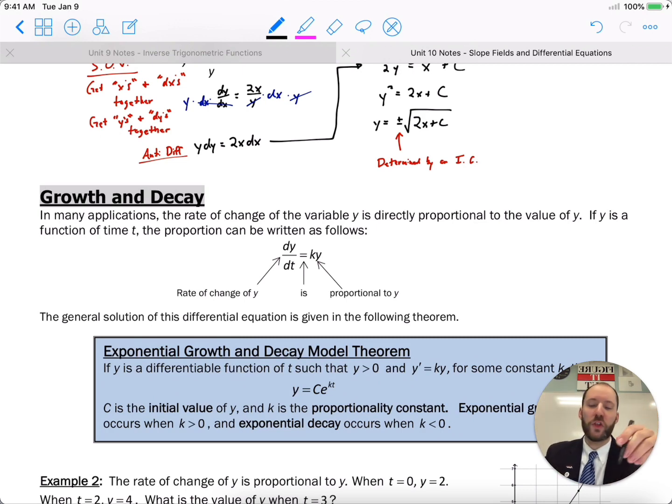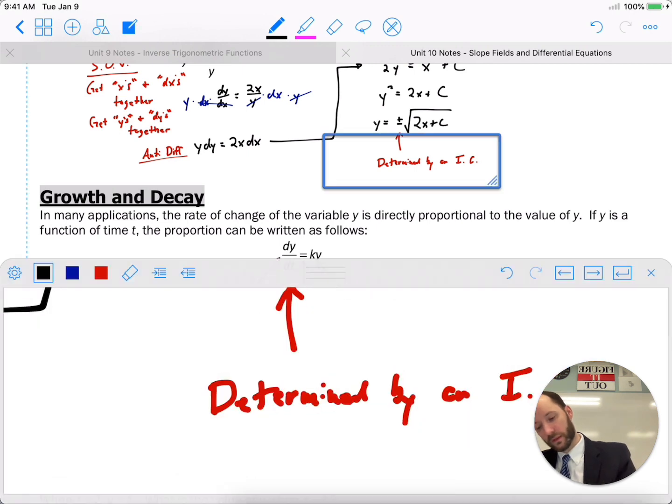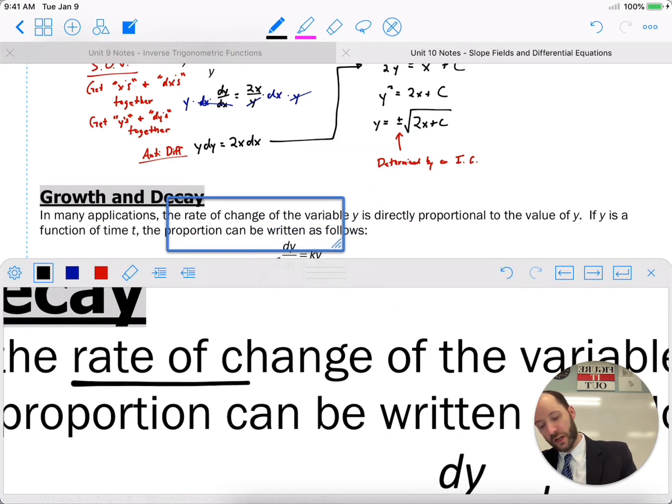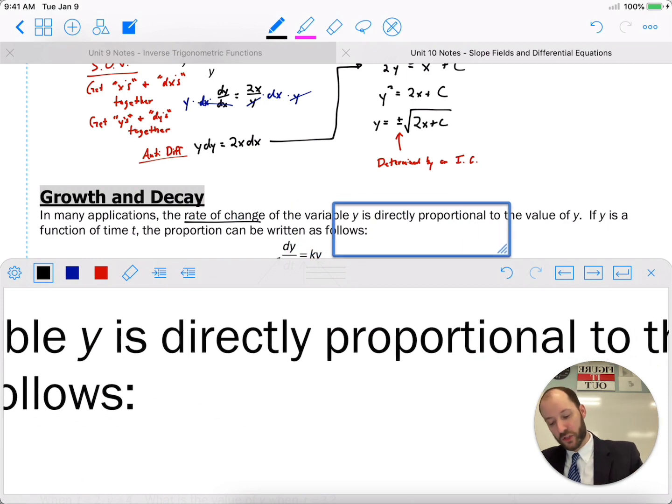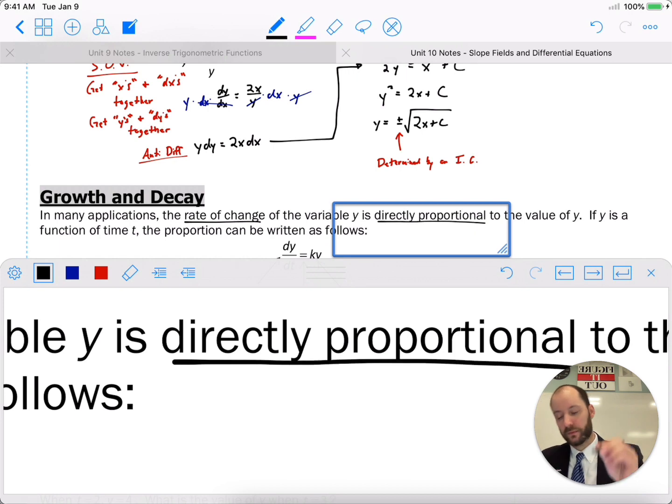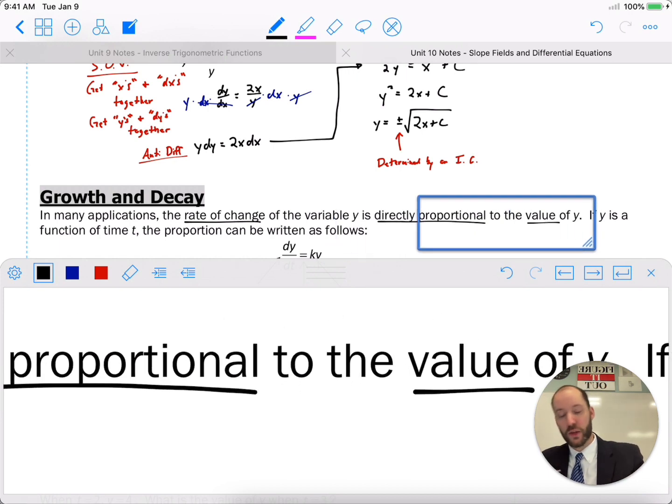But growth and decay. So rate of change. We're looking at the rate of change of the variable y. We're looking for these words, directly proportional. Rate of change is directly proportional to the value of y.